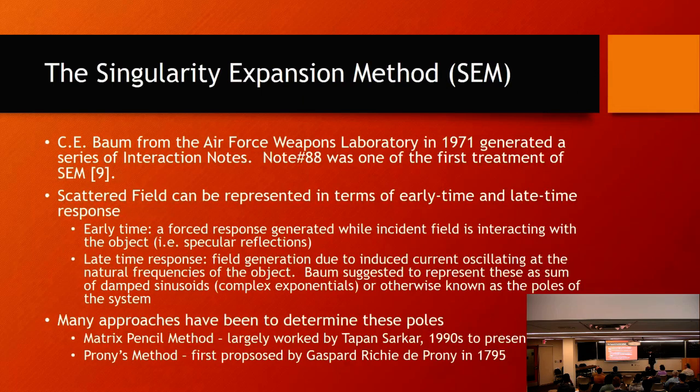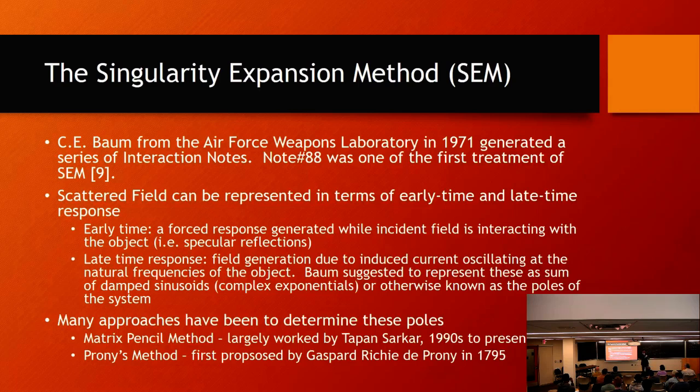So once we have the received waveform, remember we were all working in the frequency domain, and Carl Baum, so I want to introduce this idea of the singularity expansion method. Carl Baum at the AFRL weapons lab in 1975 made a couple of suggestions.